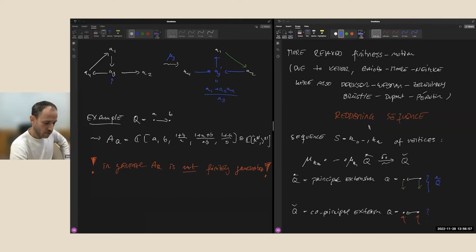We just add arrows from the copies to the existing vertices. And our reddening sequence is a sequence of mutations in Q. So the vertices I add are frozen, and I'm not allowed to mutate at them. But I want to mutate at vertices of Q to transform, up to isomorphism, this principal extension to the co-principal extension.